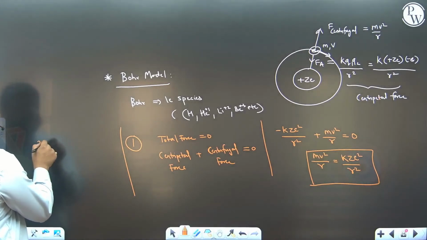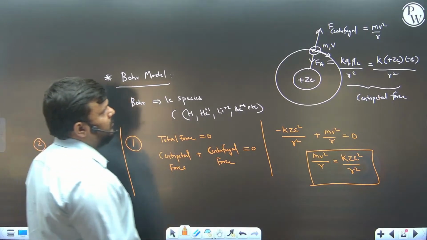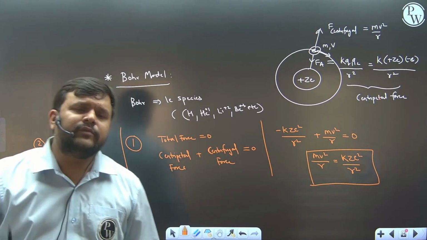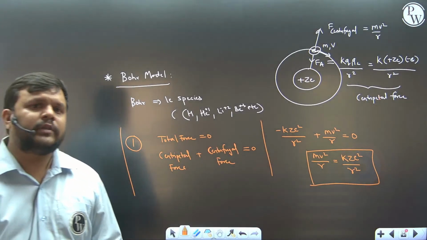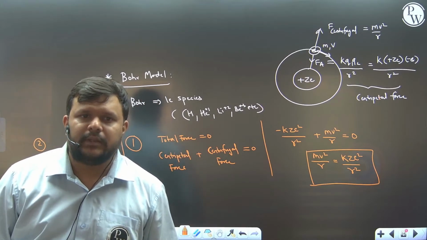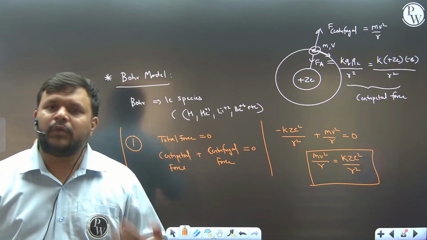So he further studied and gave another postulate over here, which was regarding the angular momentum. Bohr calculated the angular momentum of electron in various orbits, and he saw that this angular momentum is an integral multiple of h by 2π. Just like in first orbit, he calculated it was h upon 2π.